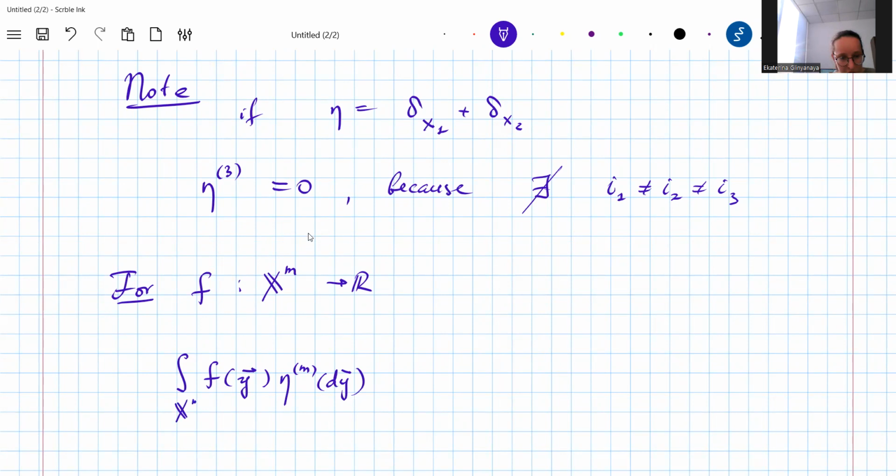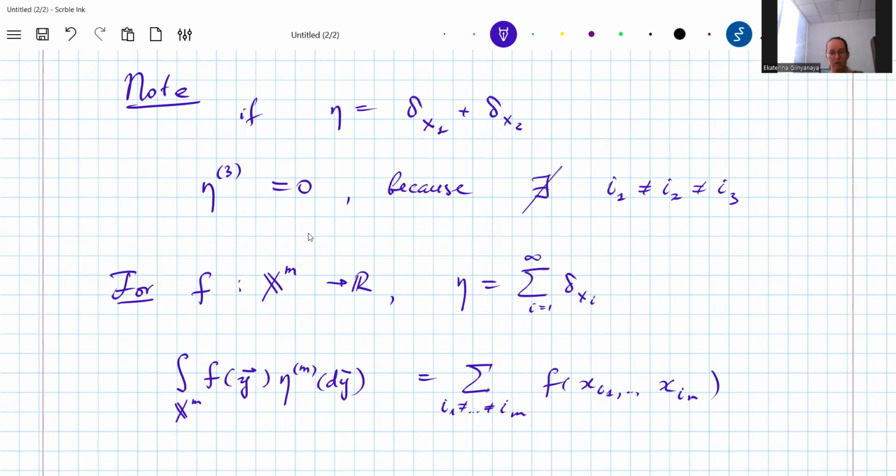From our definition, this is just a summation. Again, if I have a measure mu of this form, then I have a summation over all non-equal indices of f(x_I1, and so on, x_Im). So this is just for recalling.